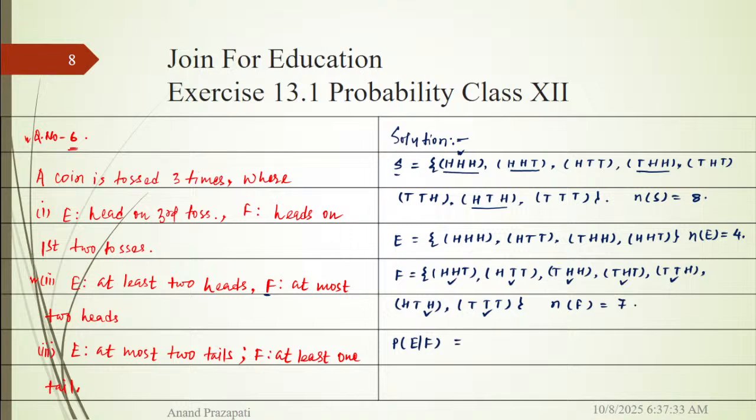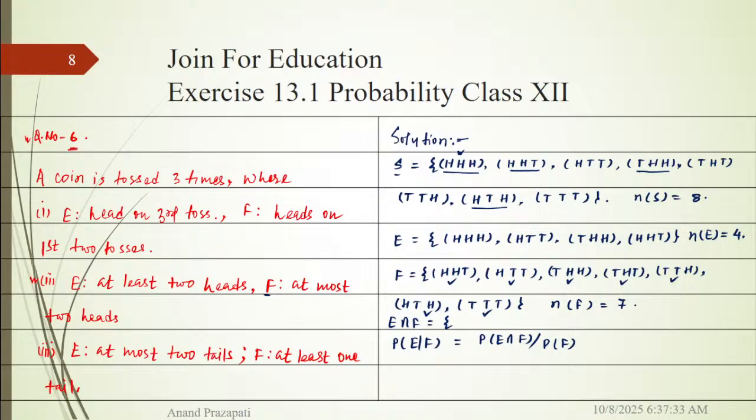So we write down the probability of E intersection F divided by the probability of F. So we find out what the common sample points in E and F are. We encircle the common sample points in green color.